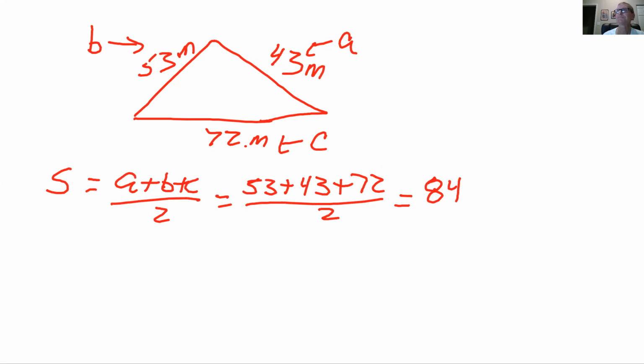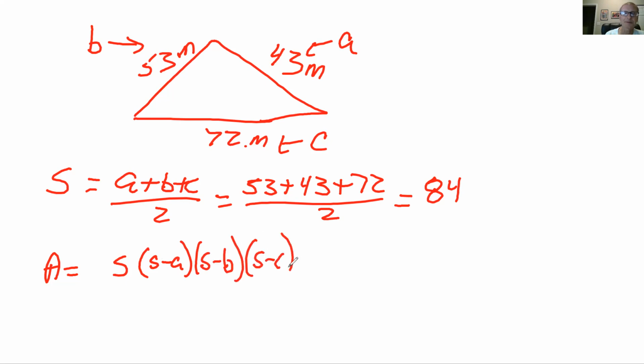So the next step, the area is this crazy formula. So let me write it out again. So it's S times S minus A times S minus B times S minus C, multiply all that together, and then you take the square root. So a little tedious, but if you follow the process, not too bad, right?